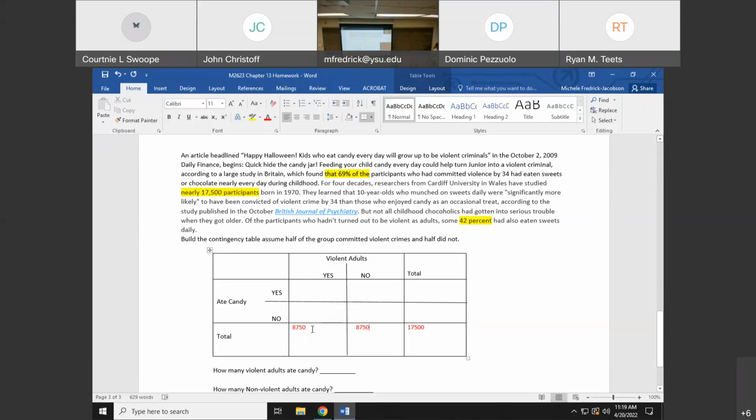So that would be of the 8750. Yeah, we will round. It's up to you. You could leave the half because it's just an estimate, but I think it's easier if we round it. 0.69 times 8750.